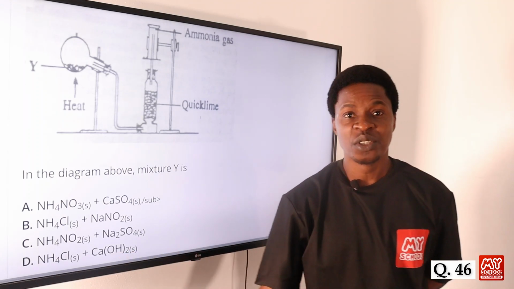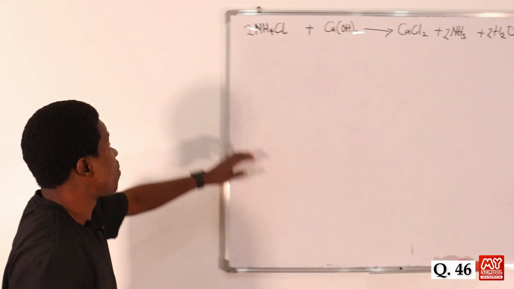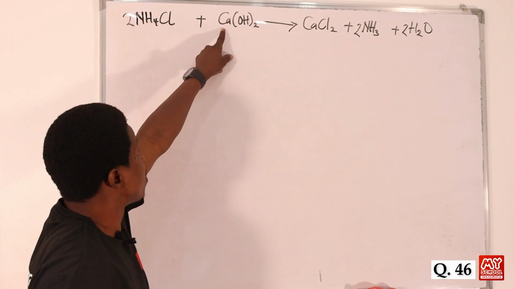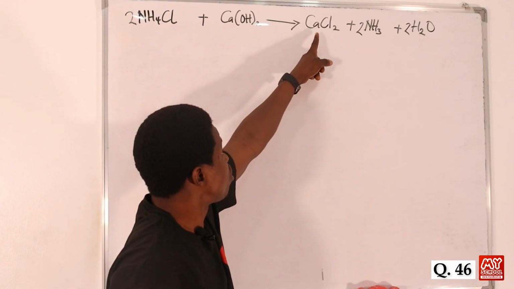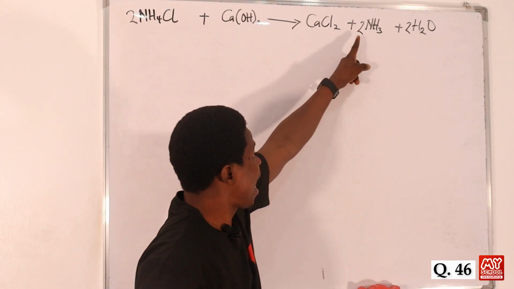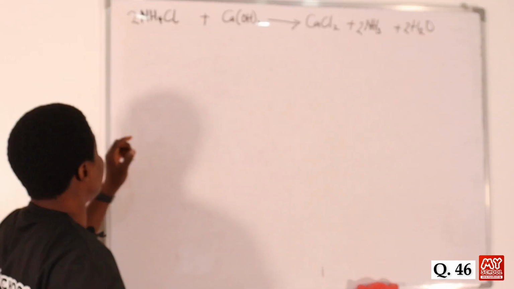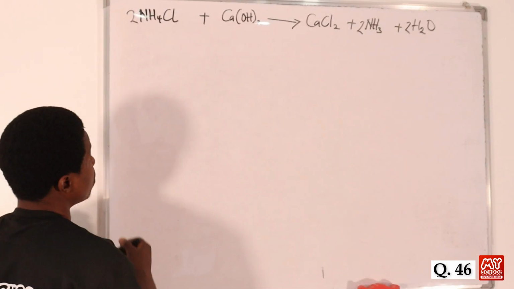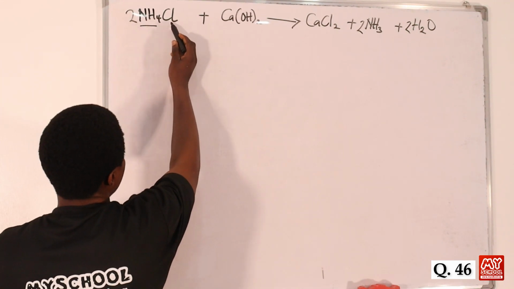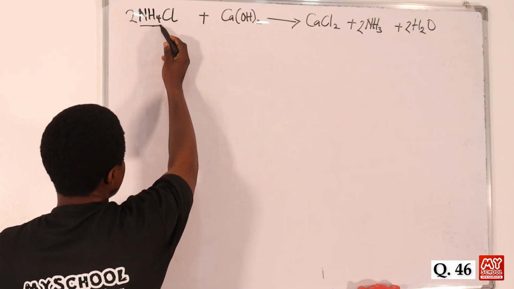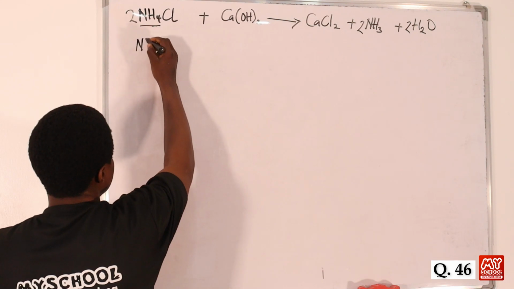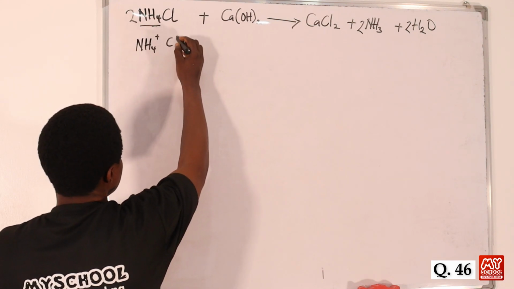Let's look at the board to see how the reaction looks. We have ammonium chloride reacting with calcium hydroxide to form calcium chloride, ammonia gas, and then water. Like I said, it is a double displacement reaction. We have ammonium and chloride. Of course, you can split this into ammonium ion and Cl minus.